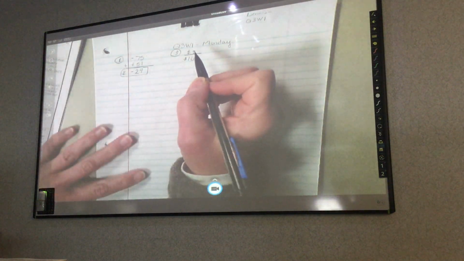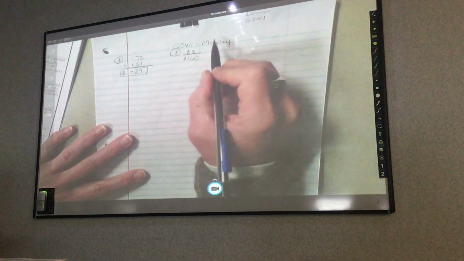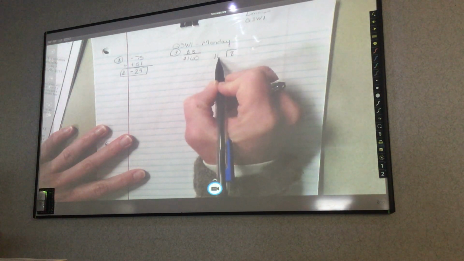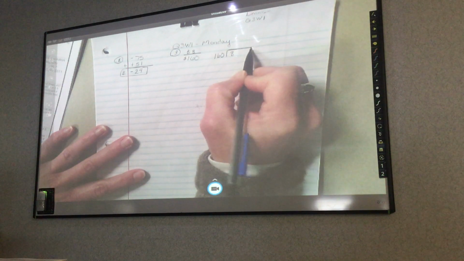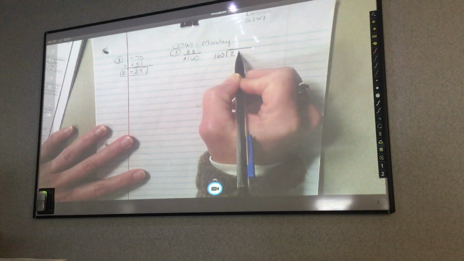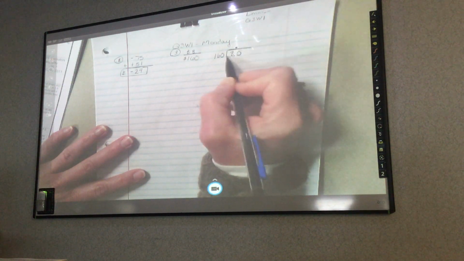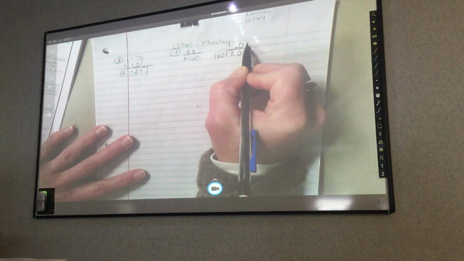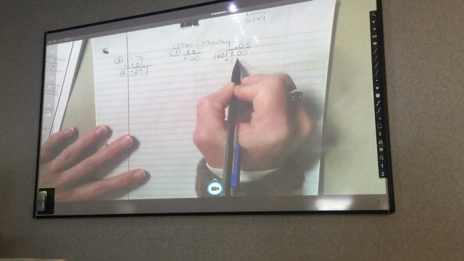Then I just divided it to find a decimal. 8 divided by 160. I had to add a decimal, add a 0. Still doesn't go in there, so I'm adding another 0. And it actually goes in there 5 times.